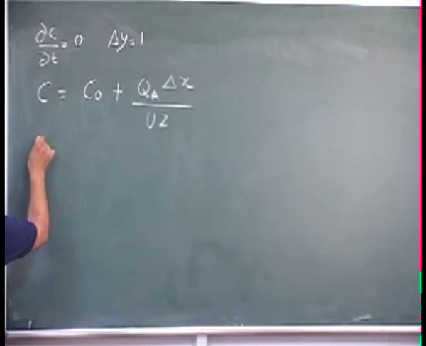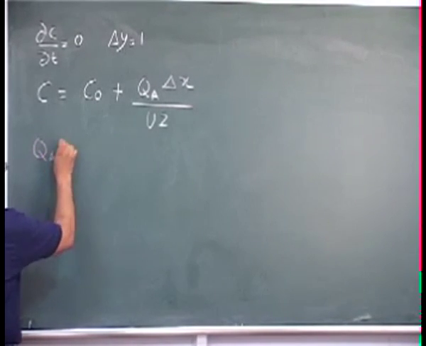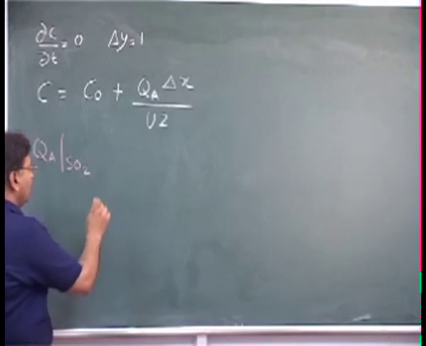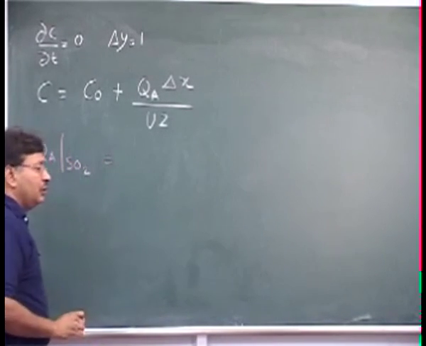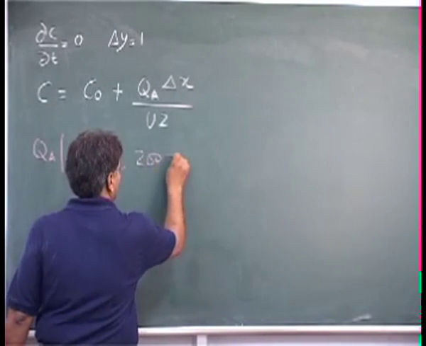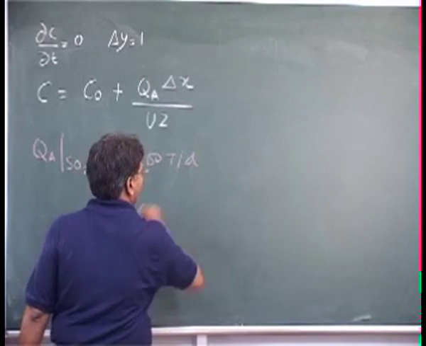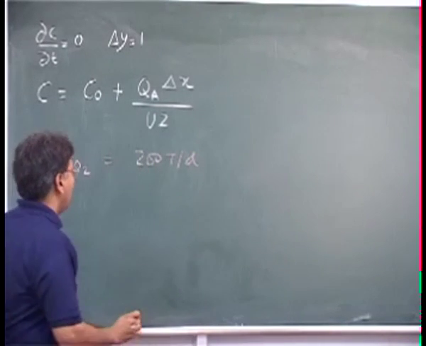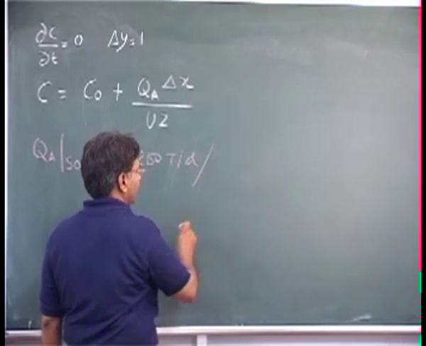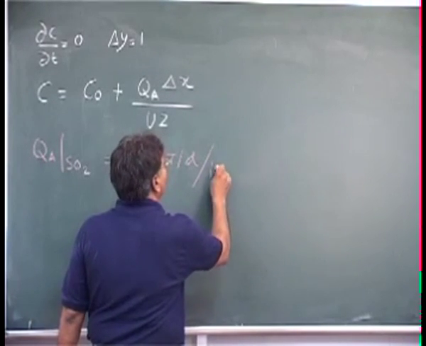It was estimated that QA of SO2 in Kanpur was of the order of, let's say, 200 tons per day. Okay, and this was the total in the city. So you divide the city area, let's say, by 10 by 10.